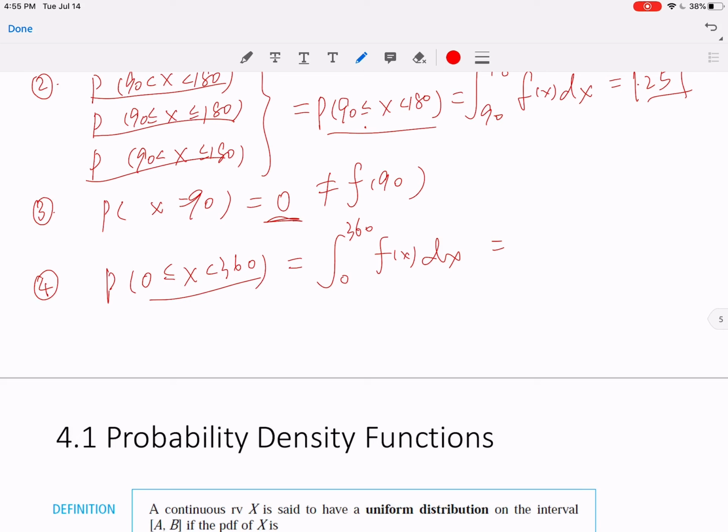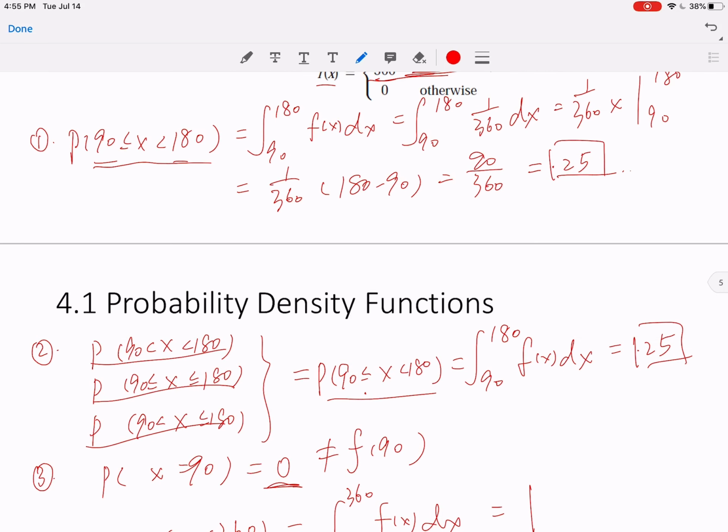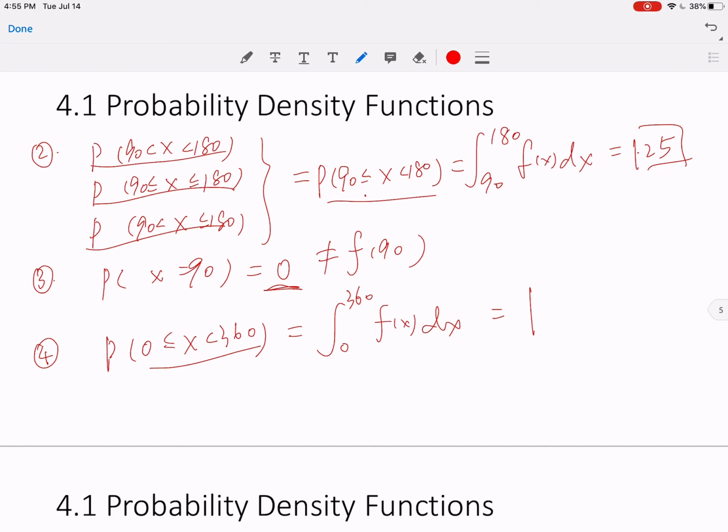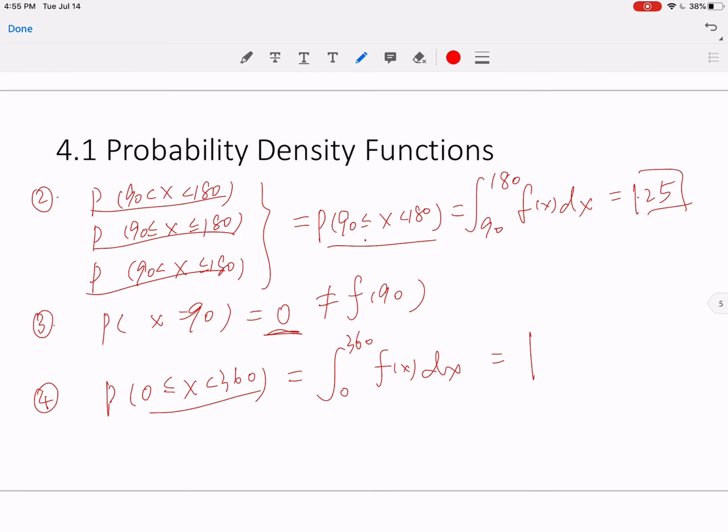So this would be equal to 1 automatically, because this interval covers all possible values of x. Of course, you can do the calculation, and you'll get the same thing. All right, that's pretty much about the subsections of this problem.